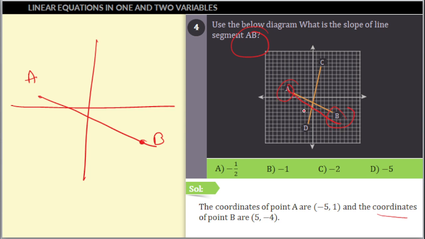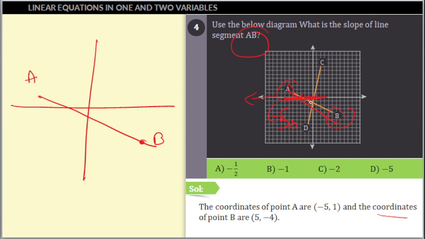In the case of A, I'll count 1, 2, 3, 4, 5. There are 5 squares on the x-axis, so I will write 5 comma, and because this direction represents minus, I will write minus 5 comma.